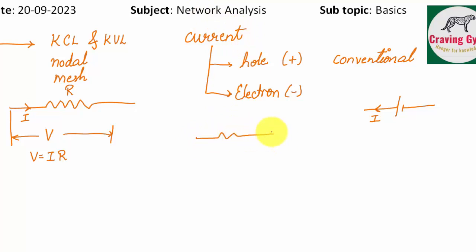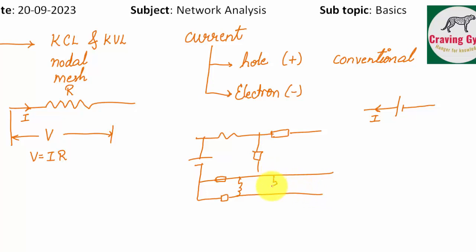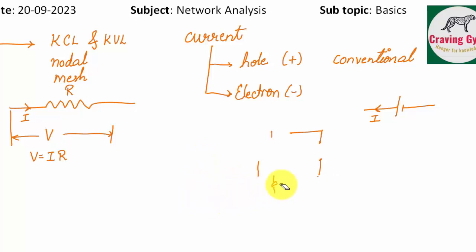Say suppose here there are some elements and you will be having the battery. Here you will be having the elements. Here also you will be having the elements. At last you will be having one open path, where current is not flowing. This is a vague way of explanation.